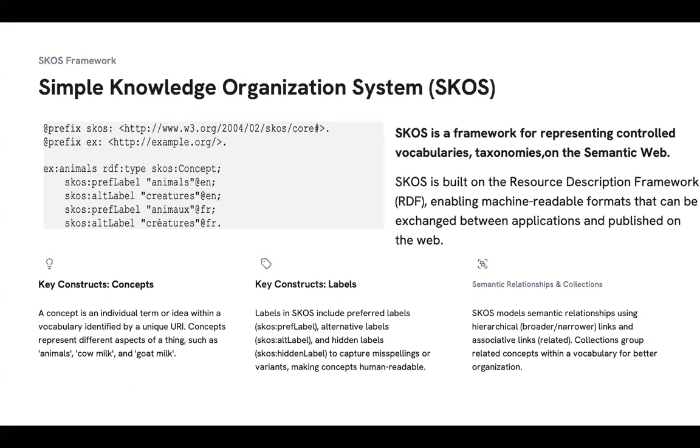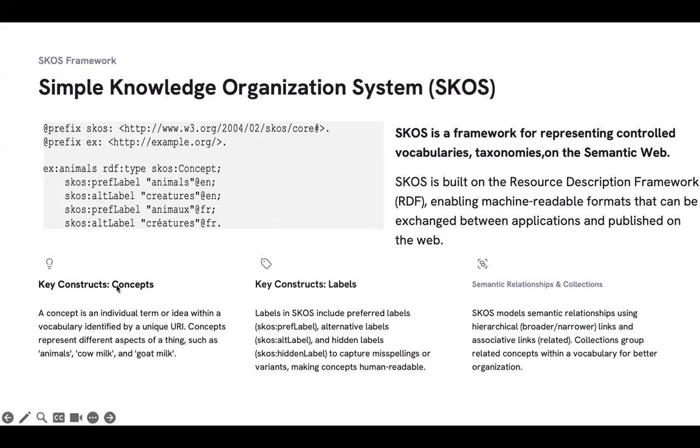It's also built on RDF. So RDF is a larger framework that has SKOS as an example. So we'll see all of this later, but just to say we use SKOS to create vocabularies and taxonomies.